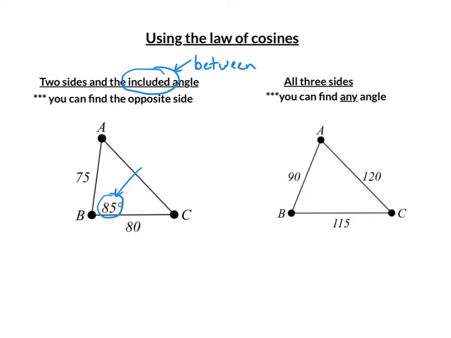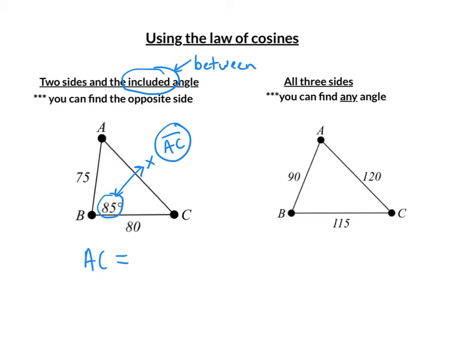When you have the angle between two sides, you can find the opposite side. So here I can find AC. So down here I'll be able to figure out what AC equals.